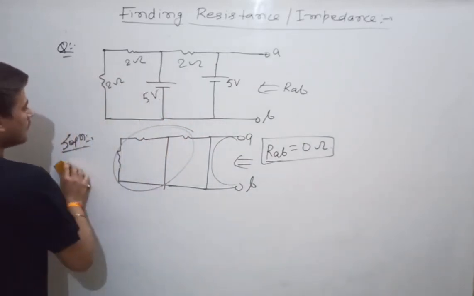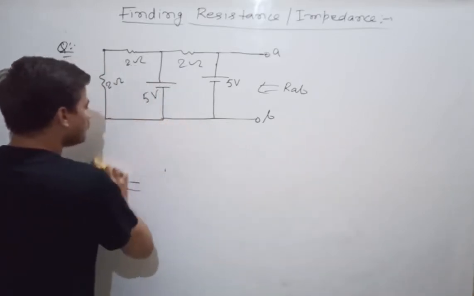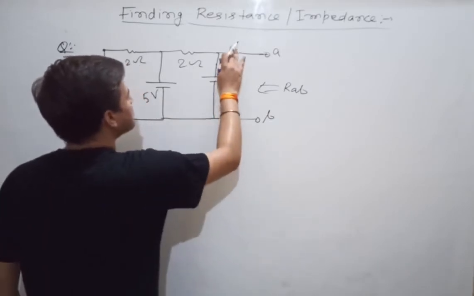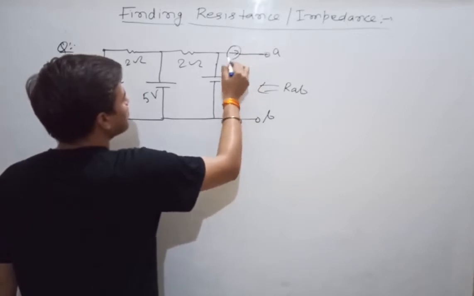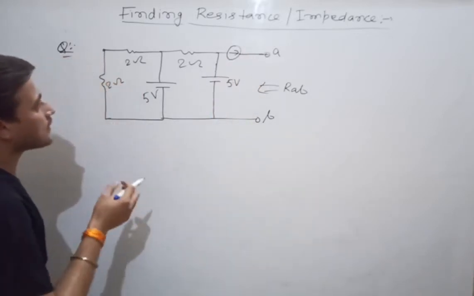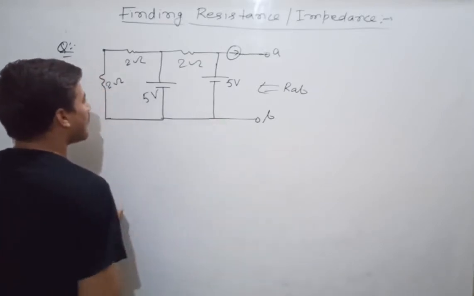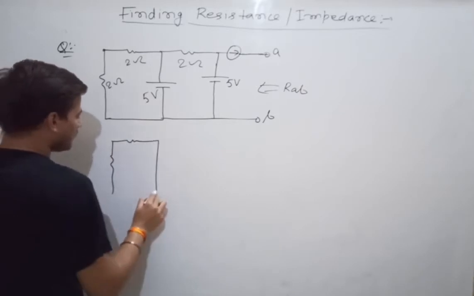Clear? Come to third case. Now see one more problem in this circuit. Suppose there is a current source placed in the circuit like this. Next you have to find RAB. Again, redraw the circuit and deactivate all the sources.